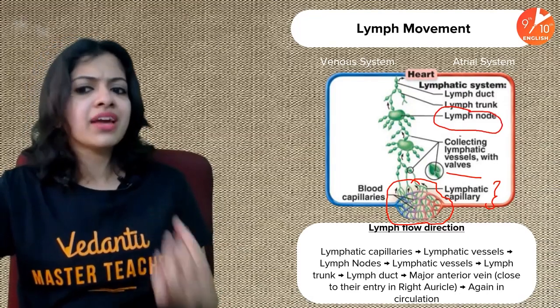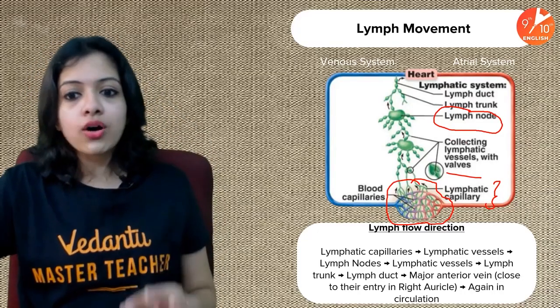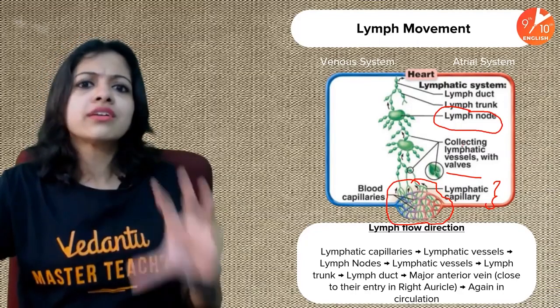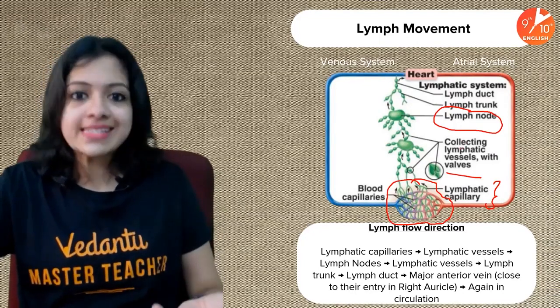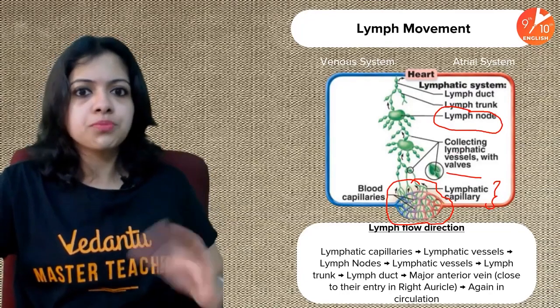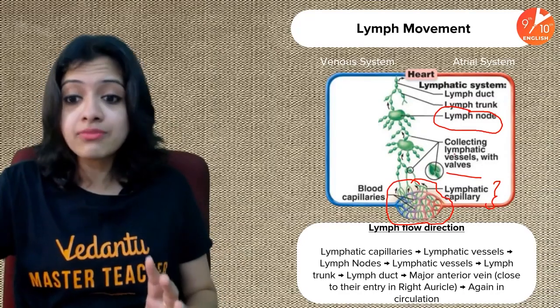And these are very important as far as your immunity is concerned, because lymph nodes contain a lot of immune boosting cells, like the B cells, T cells, and all of them. They undergo their maturation process in a lot of these areas associated with the lymphatic system.